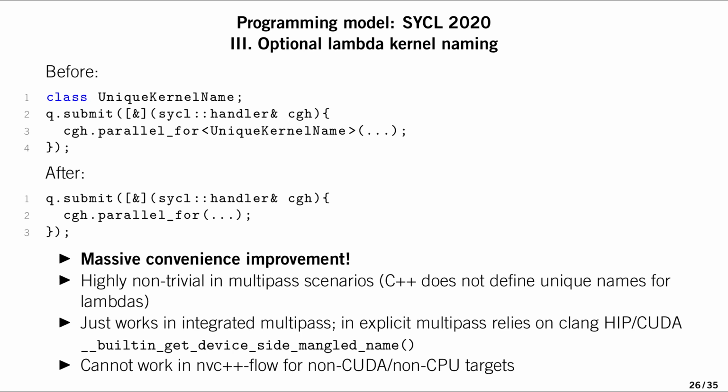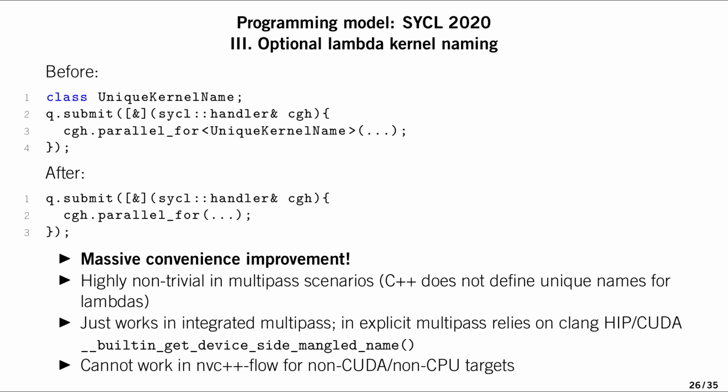However, it's highly non-trivial to implement in a multipass scenario because C++ does not define unique names for lambdas. In hipSYCL integrated multipass, this just happens to work because then we can leverage the support for a similar feature in the Clang CUDA toolchain and the Clang HIP toolchain.